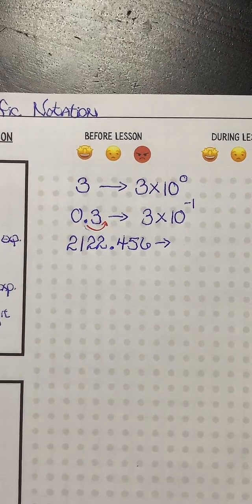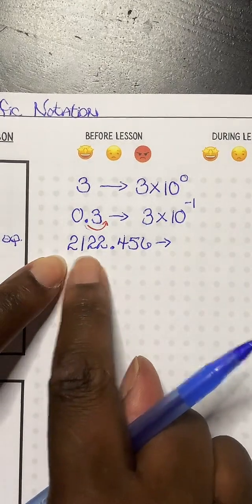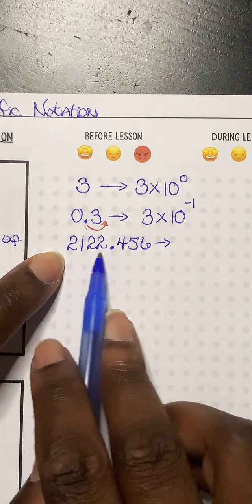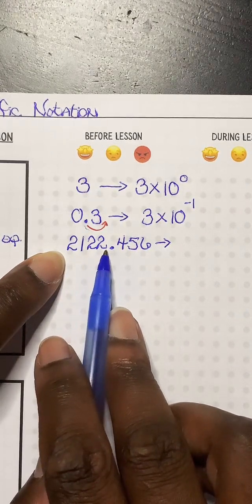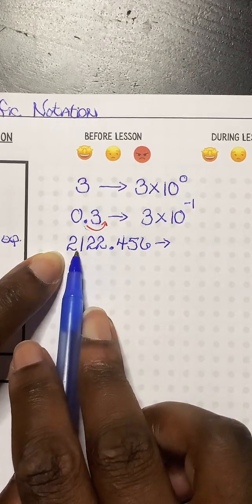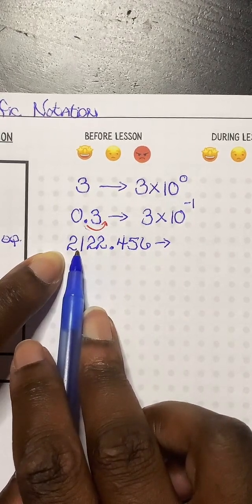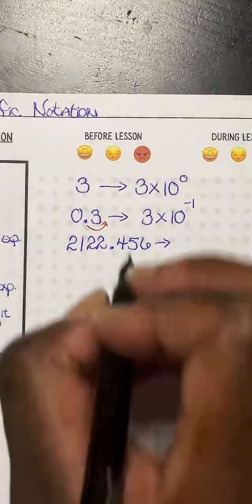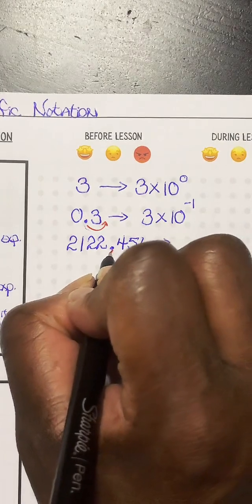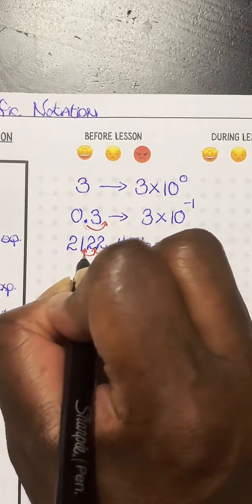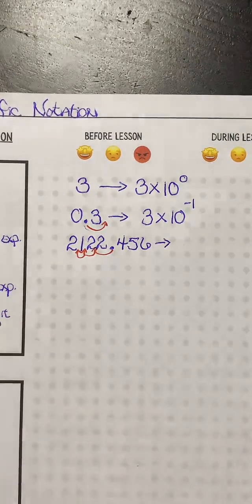So now, taking a look, I have way too many digits. It's supposed to only be one whole number in front of the decimal point. So that means I need to move this decimal place over 1, 2, 3 times.